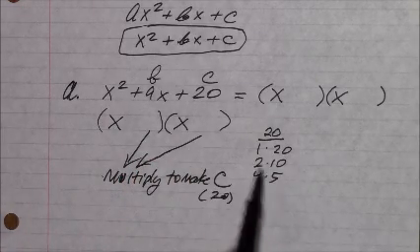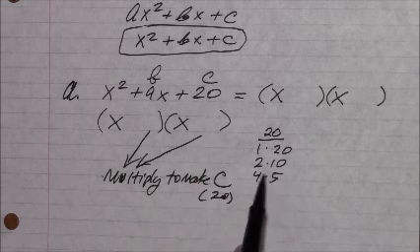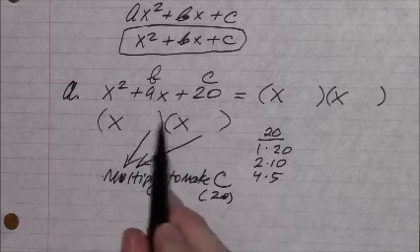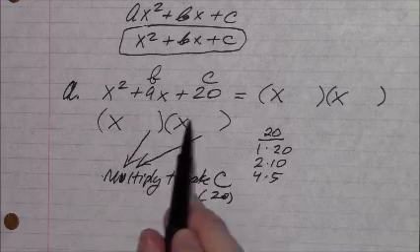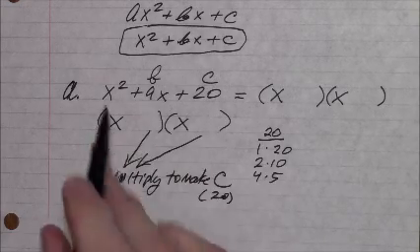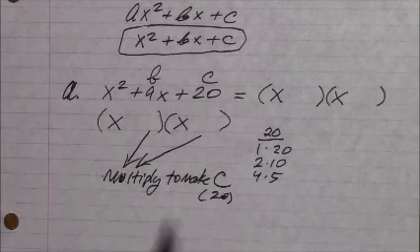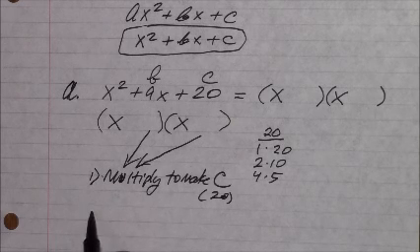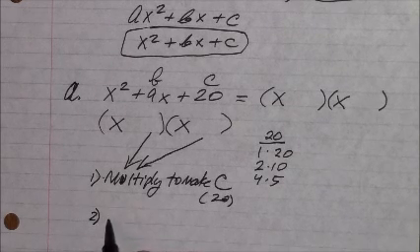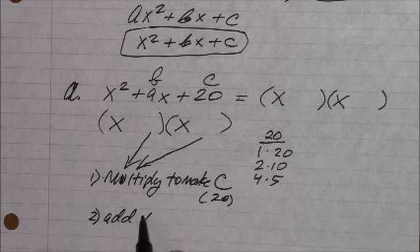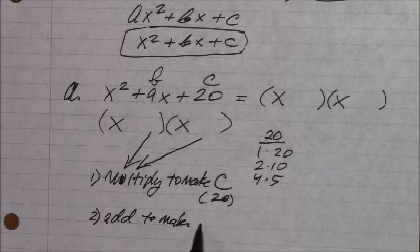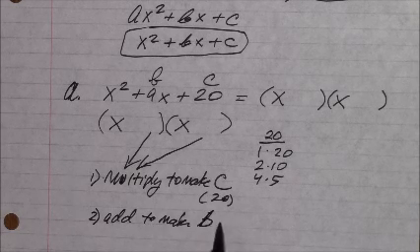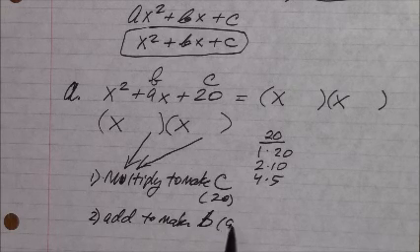So we have three possibilities: 1 and 20, 2 and 10, 4 and 5. But these two numbers have to do a second thing. That's the first thing they have to do, but the second thing is that they have to add to make the B, which in this case is the number 9.